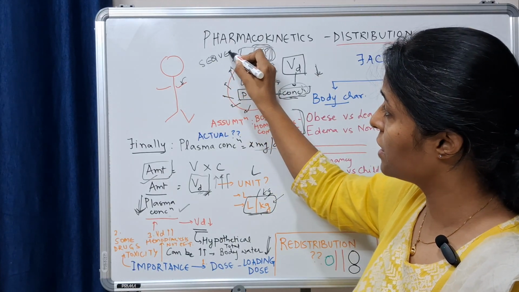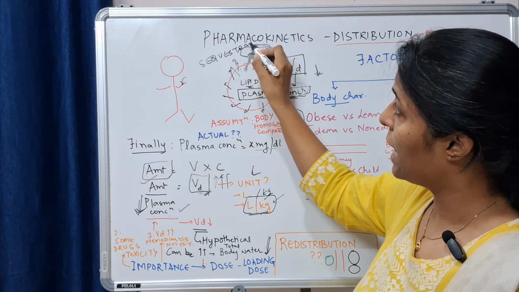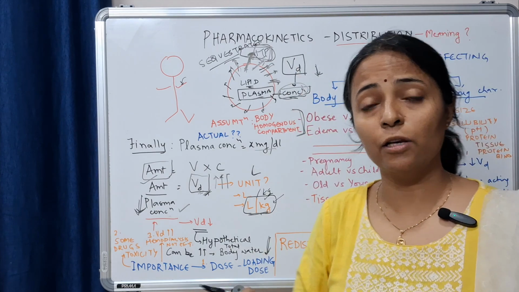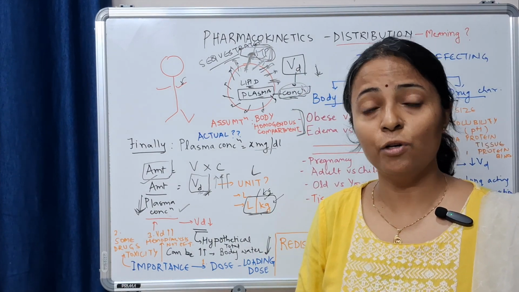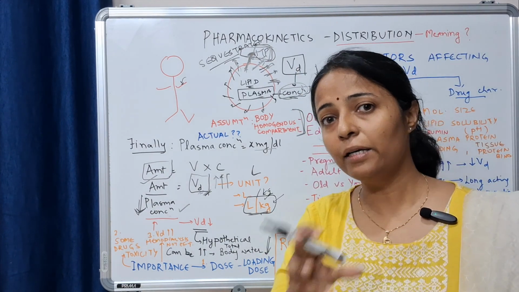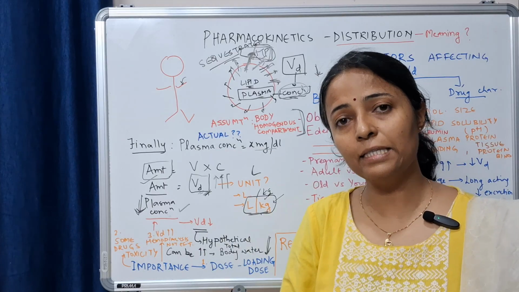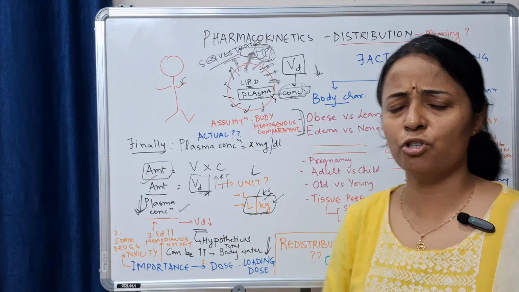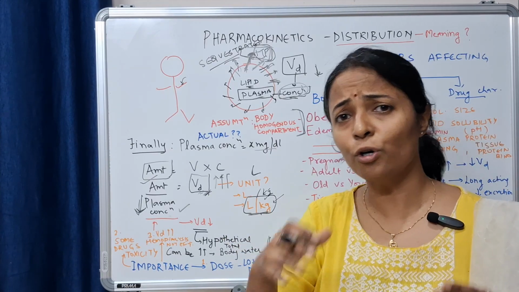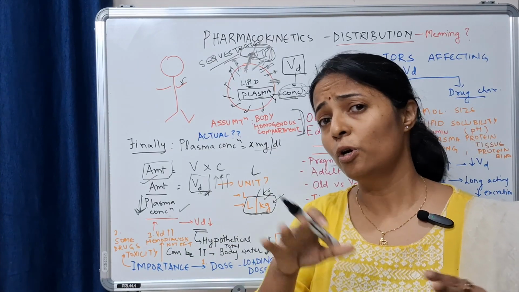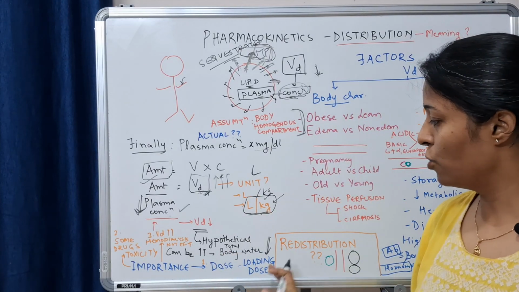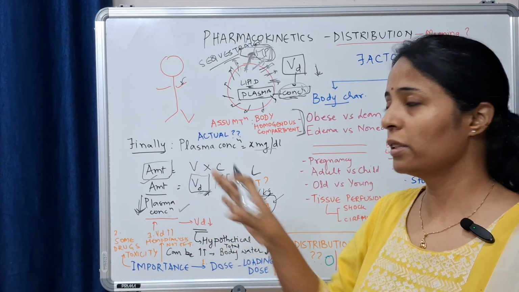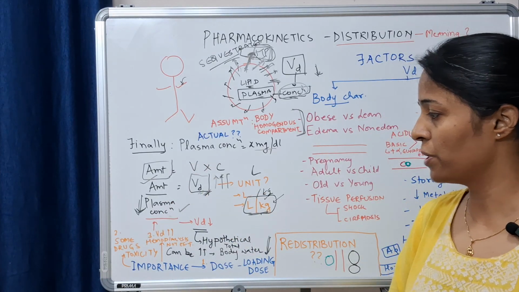Suppose it is getting sequestrated there, and all these sites where this drug can bind are filled up, then no further drug can bind to those proteins, and all the sites will be filled up. So that will help us maintain the plasma concentration, because now the drug will not go much more to those places. Okay, so loading dose is the one which is calculated based on this volume of distribution.